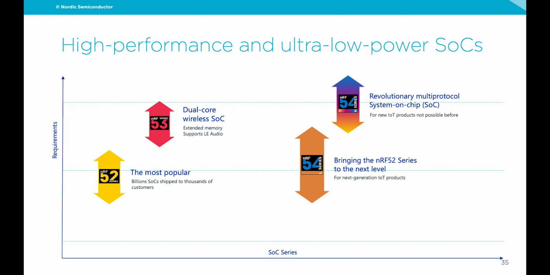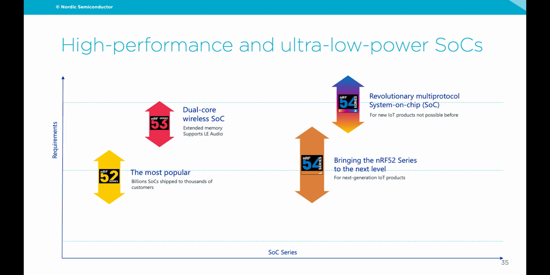But what we want to talk about now specifically is the 54L15, which has a relatively similar feature set to the 52 series. So it's very fair to say it's going to be its successor. It basically supports the same use cases plus a bit more. But the really big thing here is that the power consumption is drastically lower than the 52 series. And this is depending on the use case.